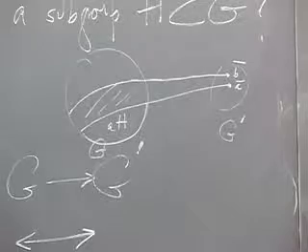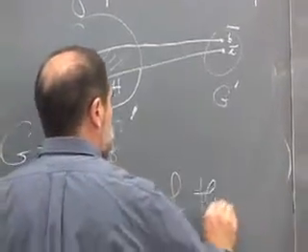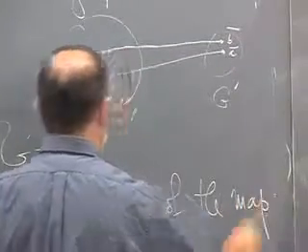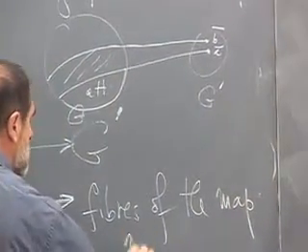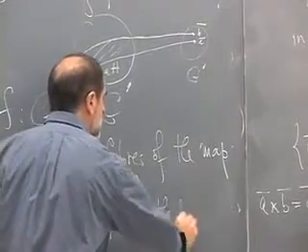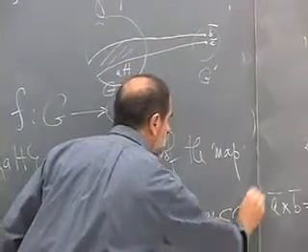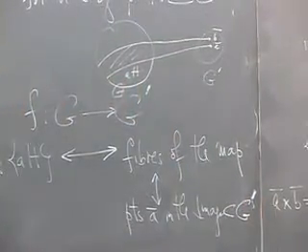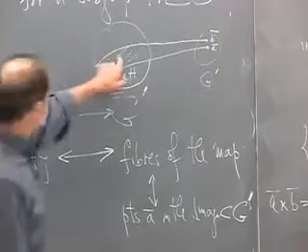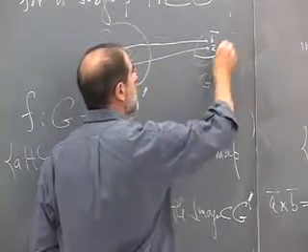So the set of cosets are the fibers of the map. So therefore, they can be identified bijectively with the points A bar in the image, which is contained in G prime. Correct? Each coset corresponds bijectively to a point in the image.